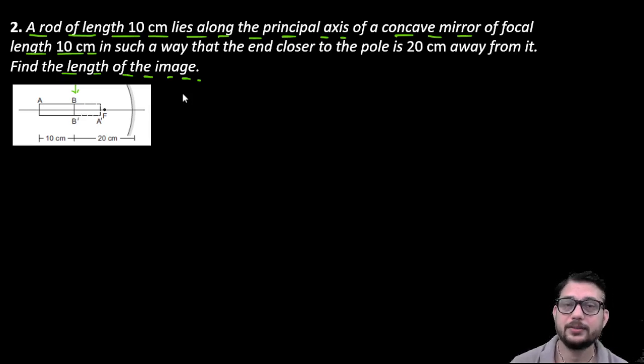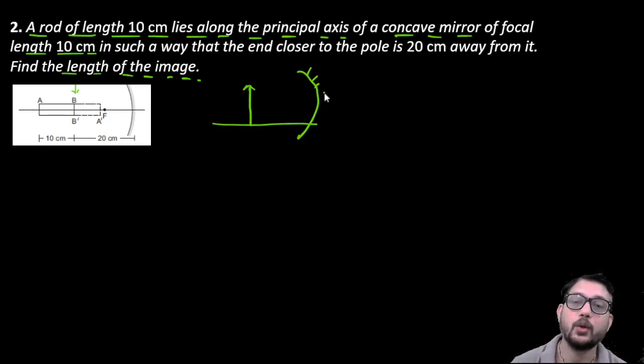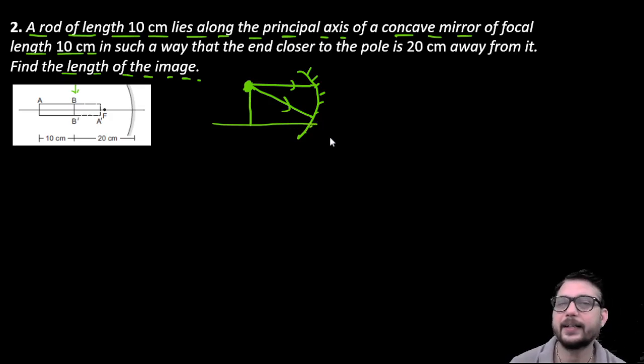If the object is vertical like this and your mirror is like this, one point is taken here and two rays, one parallel to the principal axis, the other at a certain angle, and we get the intersecting point, which becomes the point of the image.